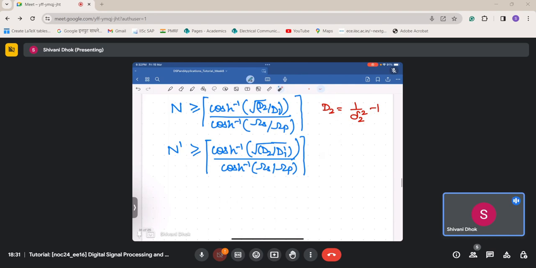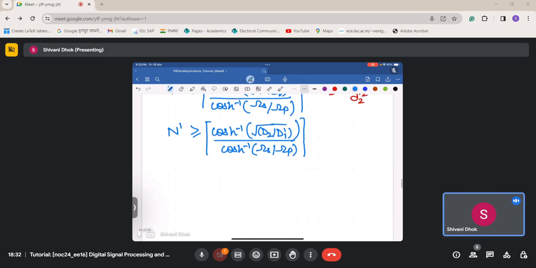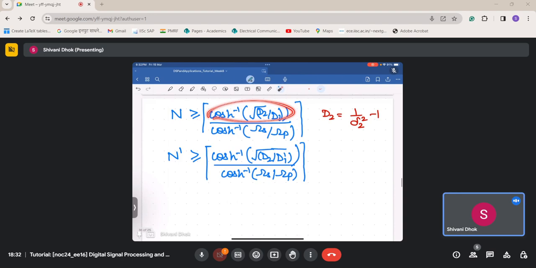Okay. If that is the case, now this is the relation that we are having. And if we go for the least possible value of order, n upon n prime should be greater than or equal to... or what we can do is simply focus on this factor here. This and this are also constant. The only terms that change are these two.